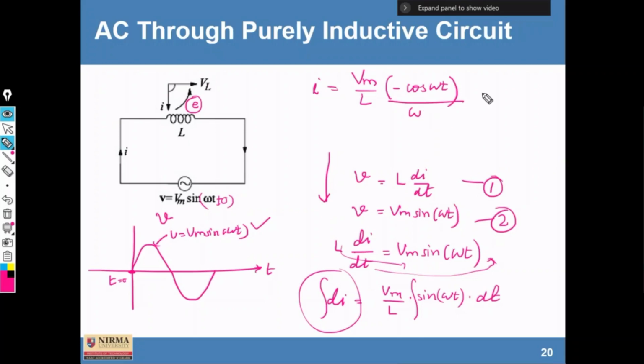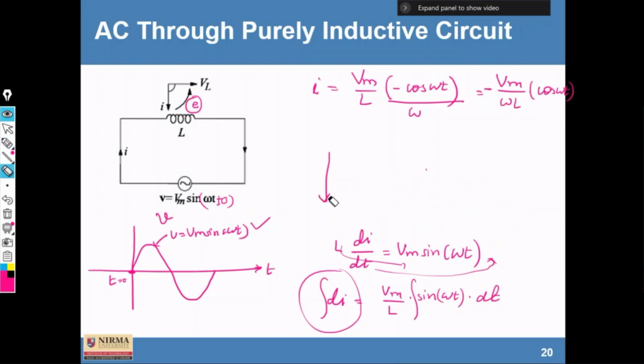So we can write Vm upon omega L into cos omega t, with a minus sign here. And finally, we can write an expression of current: I is equal to minus Vm upon omega L cos omega t.